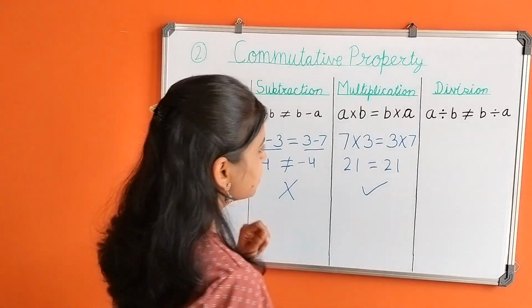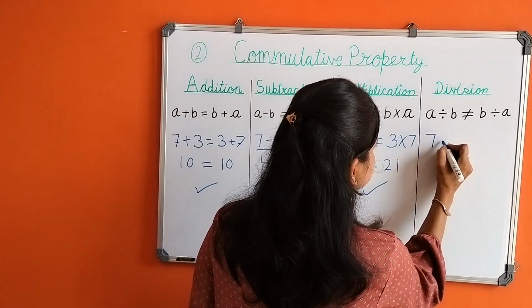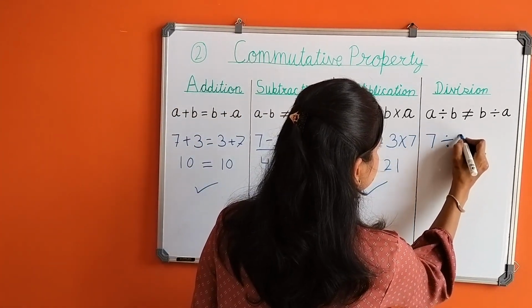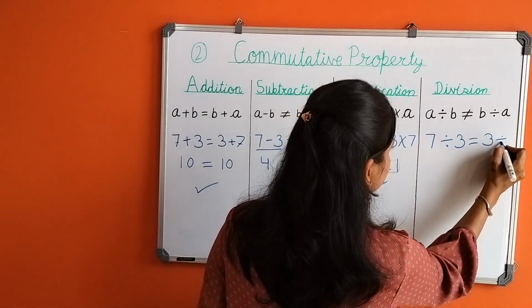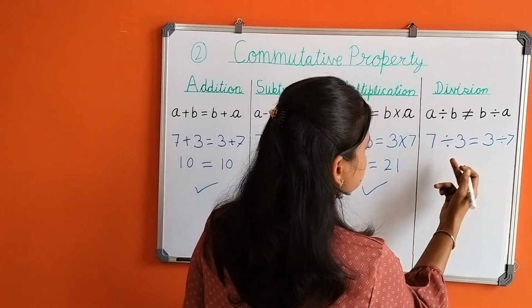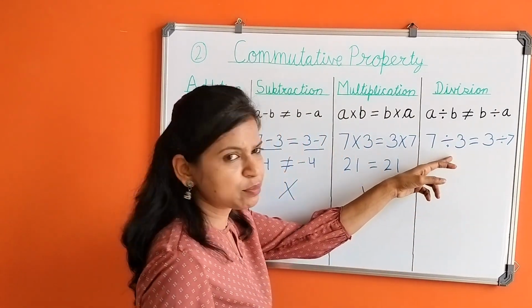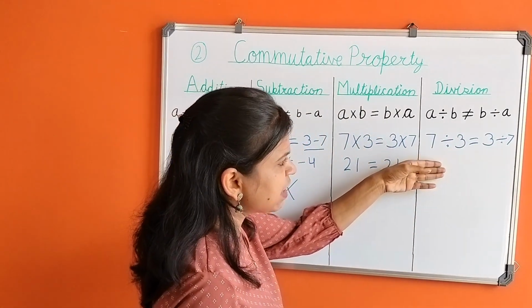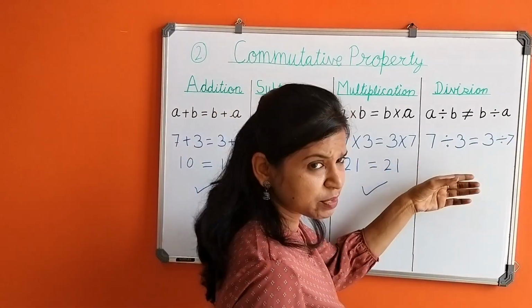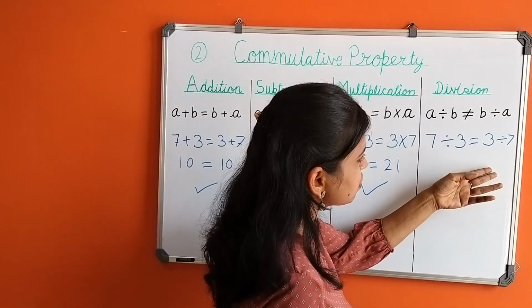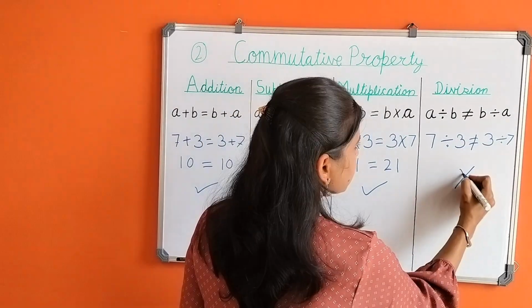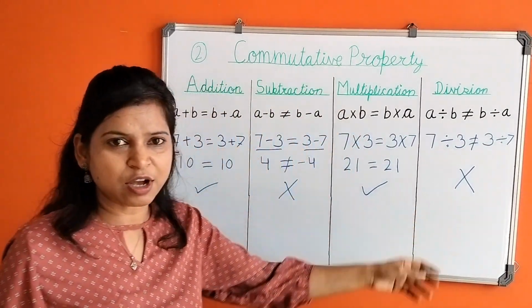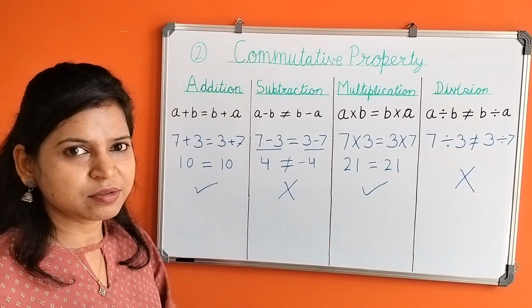For division, 7 divided by 3 is some fraction or decimal number. 3 divided by 7 is also a decimal number, but both are not the same. So for division, the commutative property is not true.